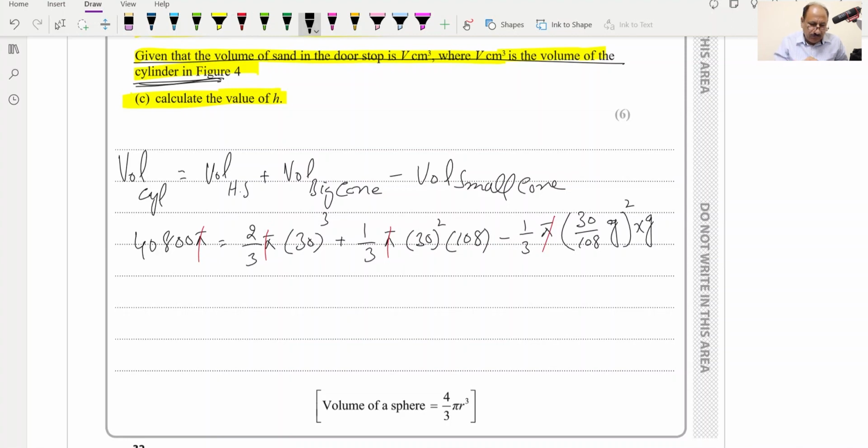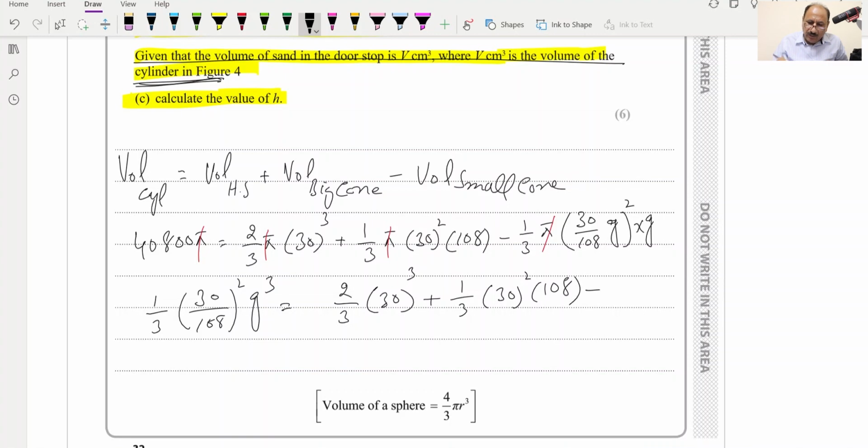Now after cancellation we will write 1 by 3 into 30 over 108 g whole squared, g cubed is equal to, we have written this term on the other side of equality, and this will be equal to 2 over 3 into 30 cubed plus 1 over 3 into 30 squared into 108, minus this one we can shift to the other side, so it will be 40800.